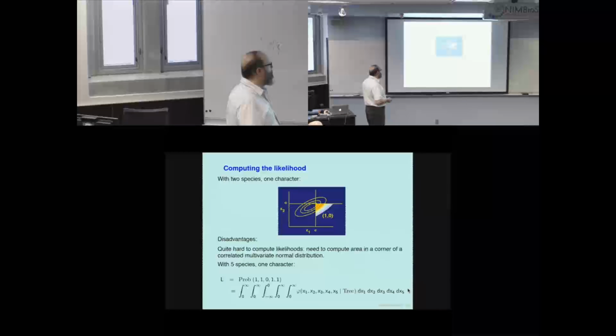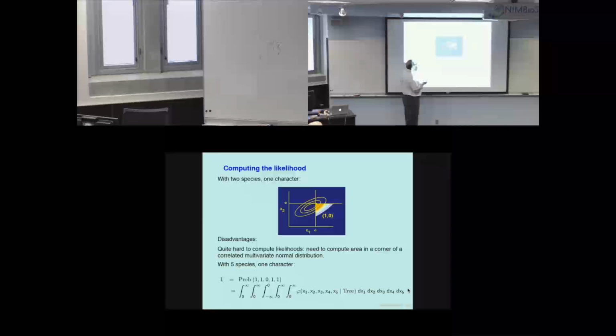Okay. If you want to compute a likelihood, it's a little tough under this model. It's not too hard under the MK. Here's a diagram showing maybe two individuals with one trait, one liability, and imagining your normal distribution is sitting here, and you happen to observe state 1 for the first individual and state 0 for the second individual.